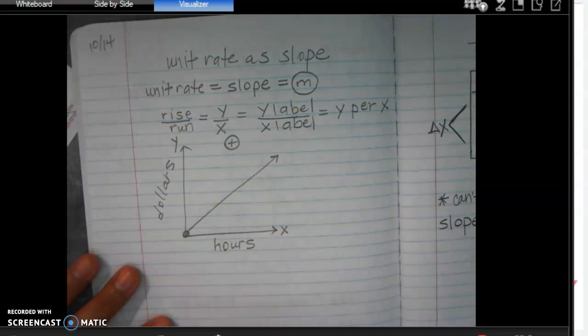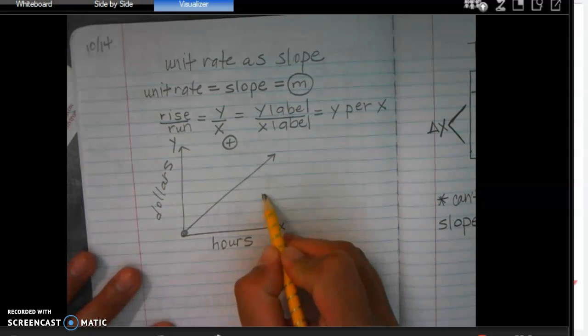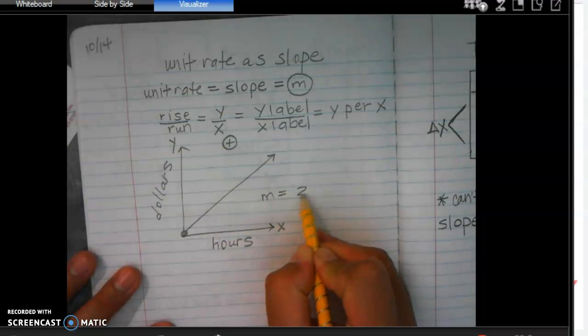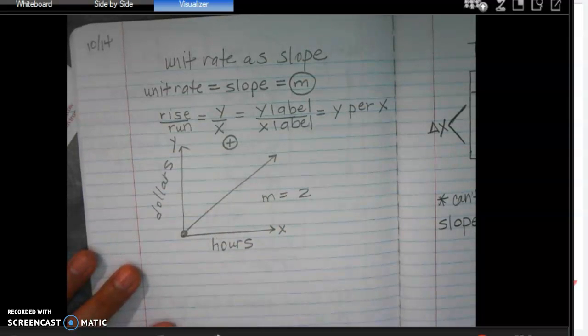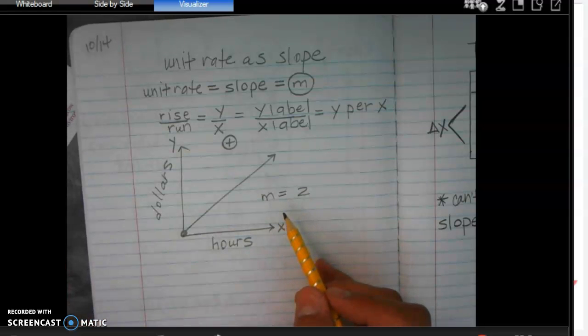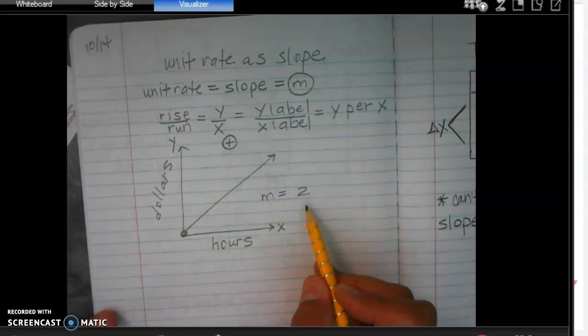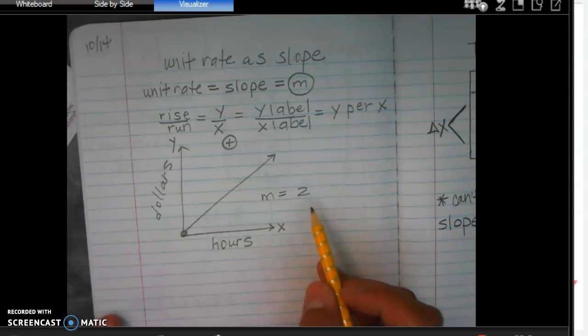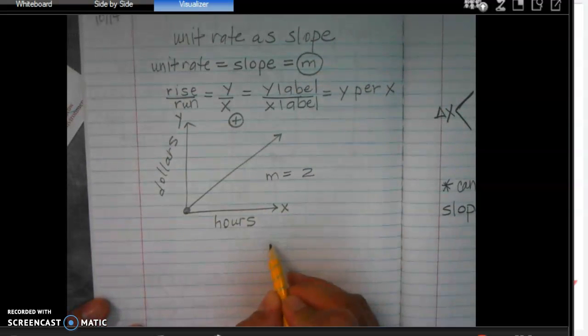Okay, so we've already worked the process and we found out that our M is 2. Okay, so we did the rise over run. We counted our arches. Okay, we put it into a fraction and we simplified and we got 2. Okay, so when we're writing our final answer, it's going to be 2.